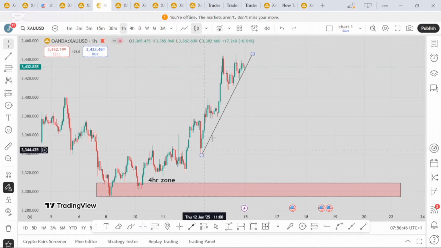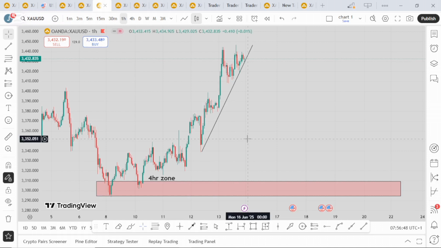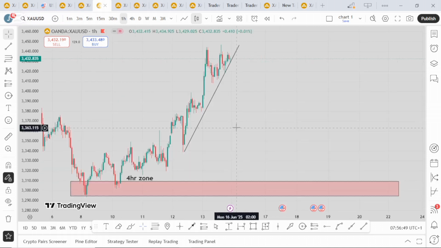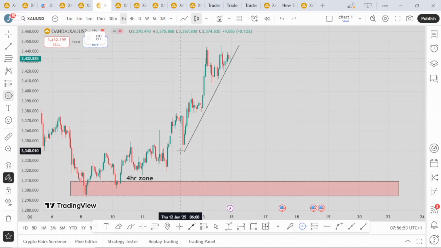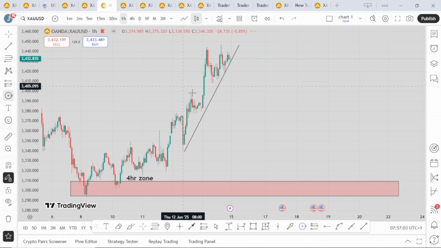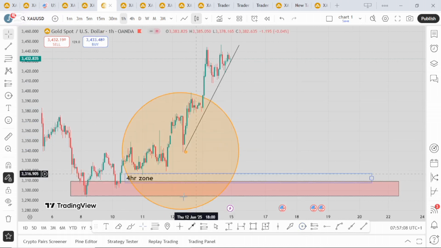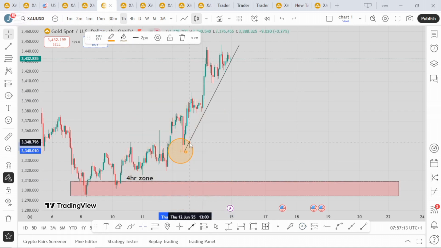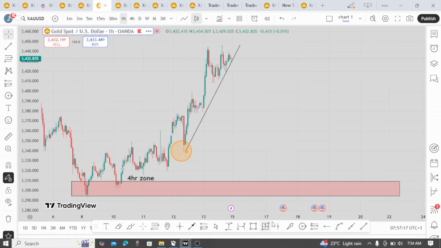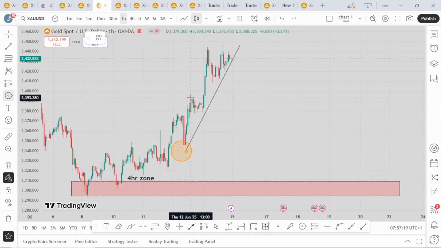So now we said the last one is our 1-hour time frame. What we are seeing here is the same thing. You see this zone over here, and this. Let me reduce this. Okay, this zone and this zone. You see it? This zone and this one here.